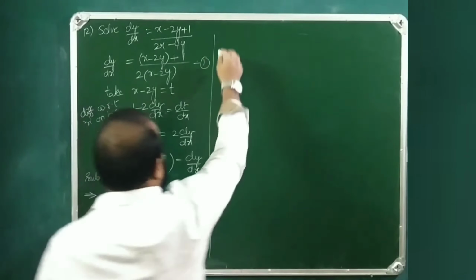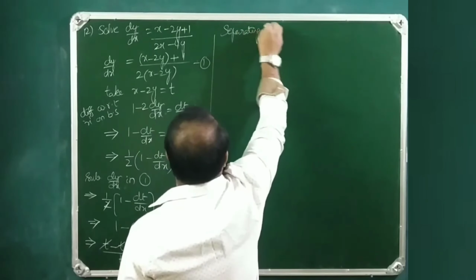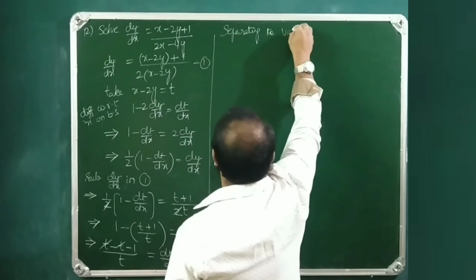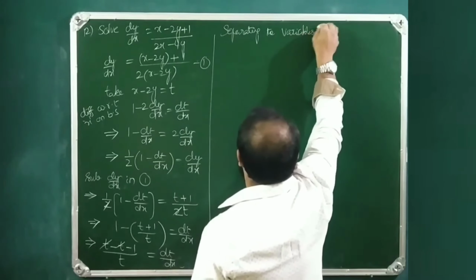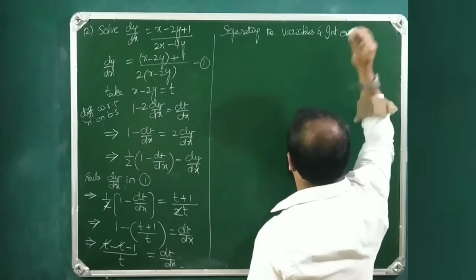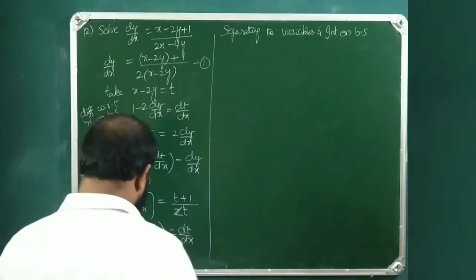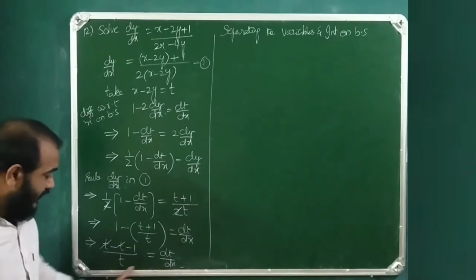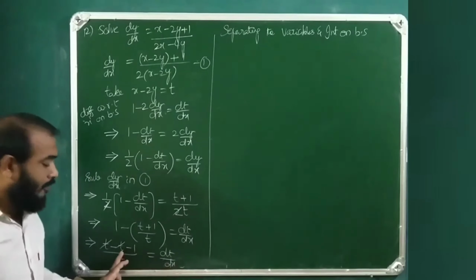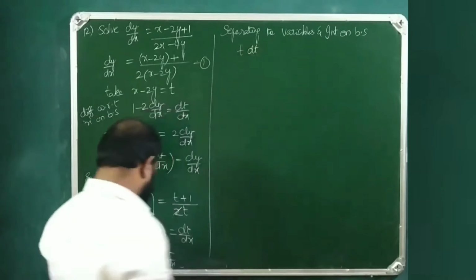Now separating the variables and integrating on both sides, we get t dt equals minus 1 dx.